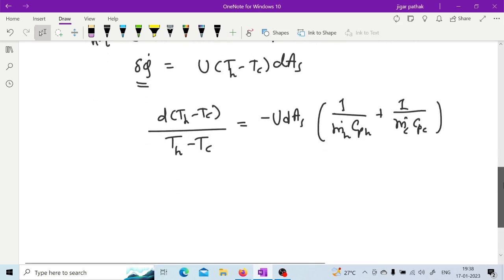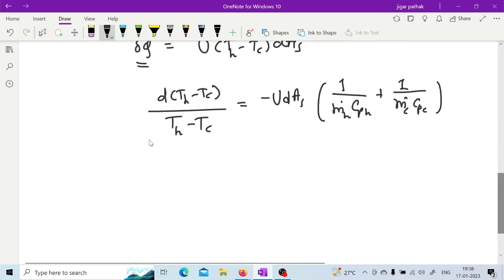Once you have this relation, you can integrate it from inlet to outlet.